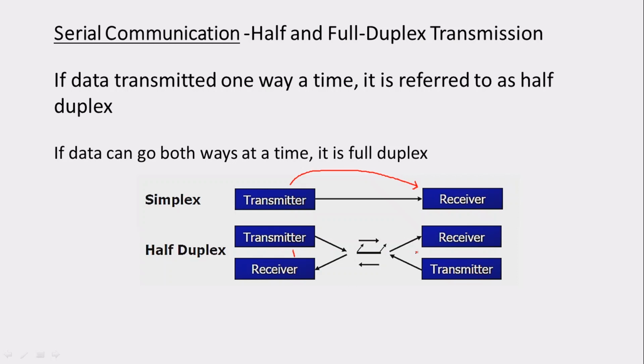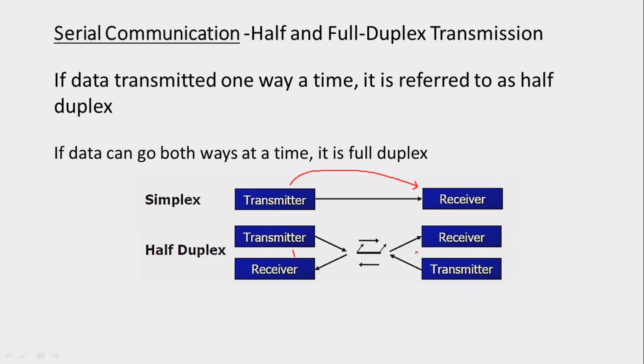Okay, the same channel is being used in order to transmit the data from one end to the other end, and again the same channel is being used in order to receive the data from the receiving end to the sender end.